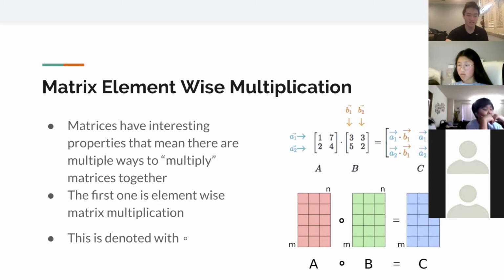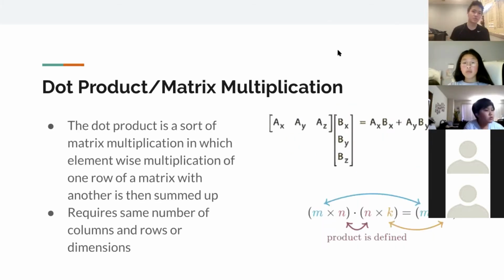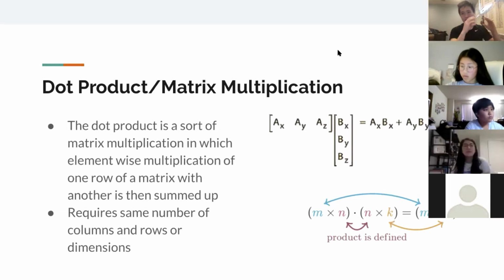What I'm going to explain next is more complicated. We're going to go over something called a dot product. This is also called matrix multiplication when you do it multiple times across a matrix. So the dot product is a sort of matrix multiplication, where you do element-wise multiplication of a row of one matrix with a column of another matrix, and then you sum them up.